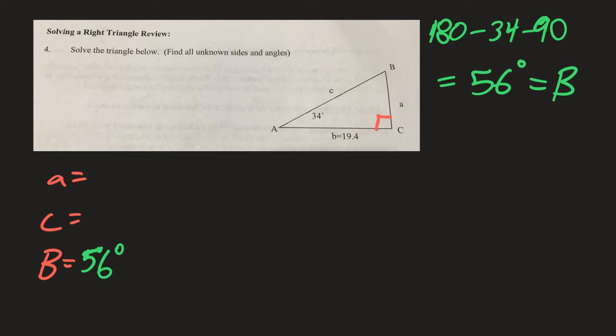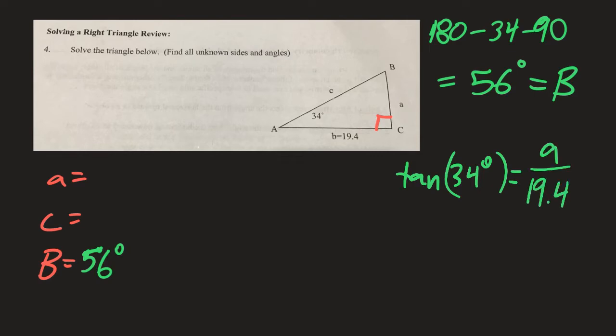Okay, so I said, hey, the tangent of 34 degrees is equal to A over 19.4. Okay, and what we'll do after that is multiply that 19.4 to both sides, and we'll use that to solve for that little a up at the top. So now that we've gotten that a is 13.085, we can actually solve for c.